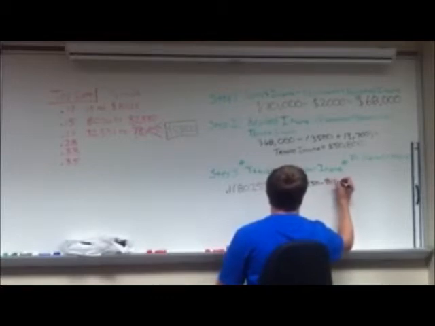And then you add 0.25 times your taxable income of $50,800, and you subtract the $32,551 from that.